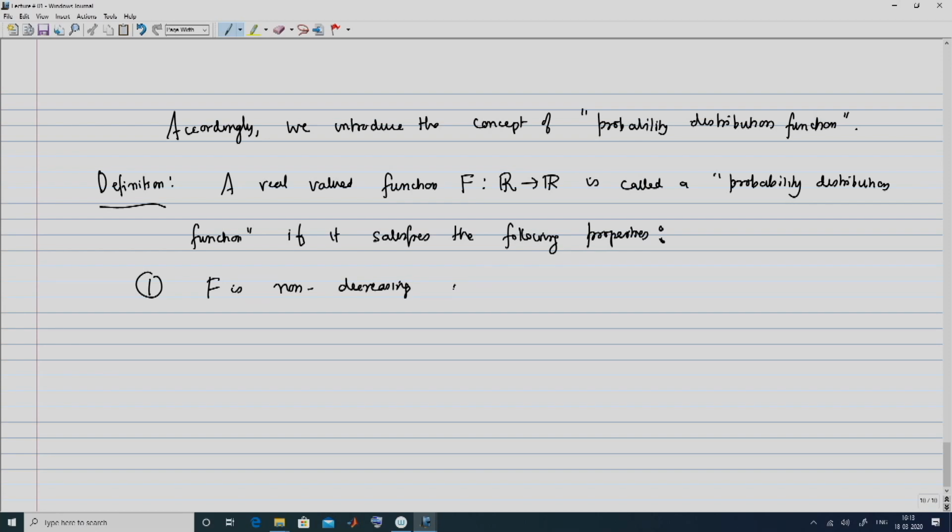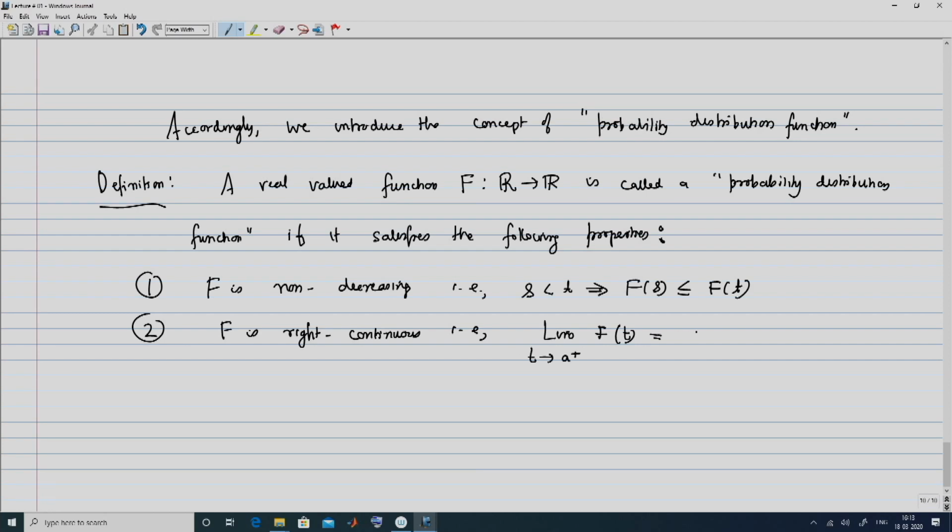This means that if s is strictly less than t, this will imply that F of s will be less than or equal to F of t. The second property is that F is right continuous, that is, the limit of F of t as t tends to a plus is F of a.